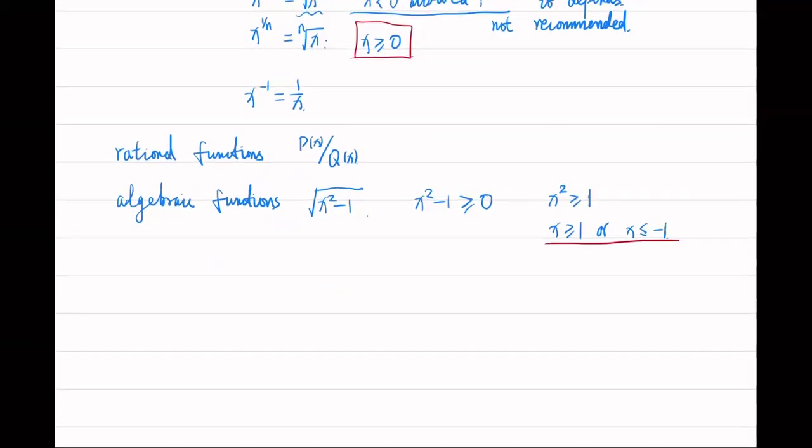Another class of functions that we will use is the trigonometric functions. The most basic ones.